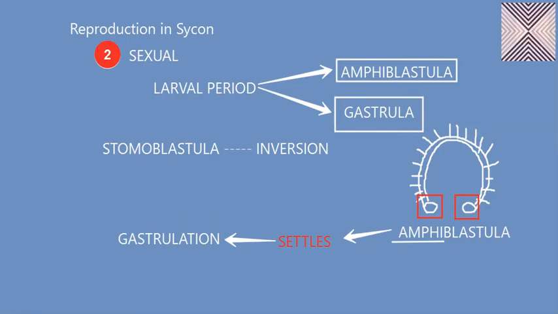In this gastrulation, the macromeres divide rapidly, very furiously, and they cover the whole of the micromeres on the top. Just see the diagram, when they start dividing, I should take a red color, they will cover the whole of the micromeres on the top, just like this.